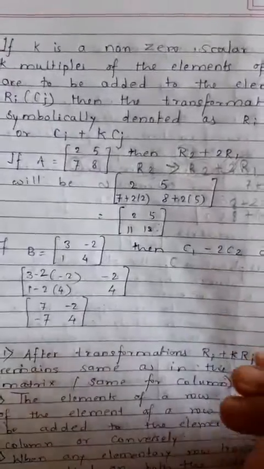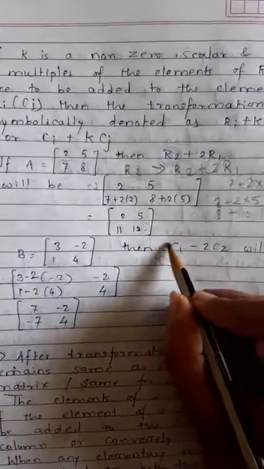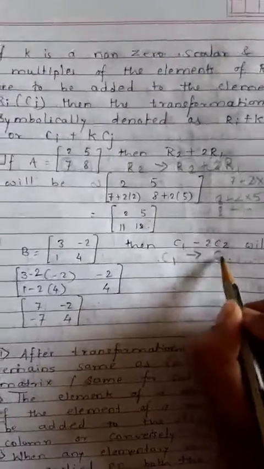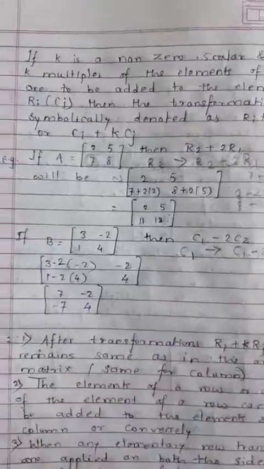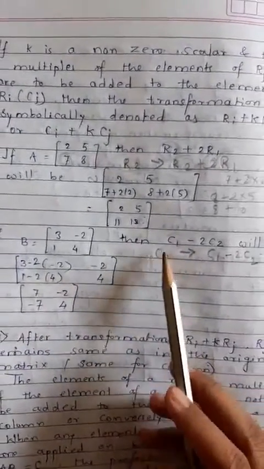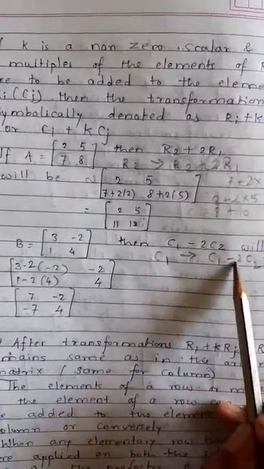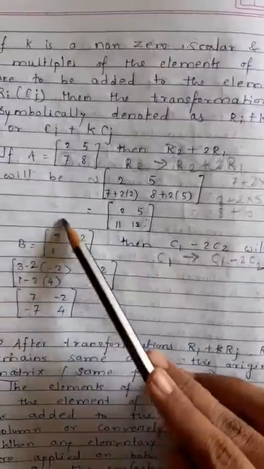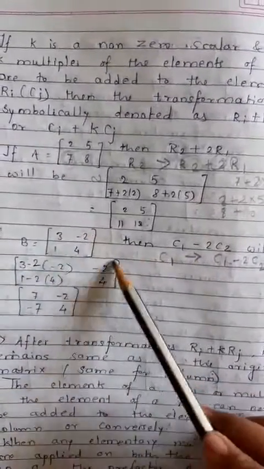Now we are looking for columns. Okay, the first column is C1. So do not get confused between columns and rows. See what is asked. So here we have to operate on C1, that is the first column. We are going to change only the first column. The second column will be as it is.